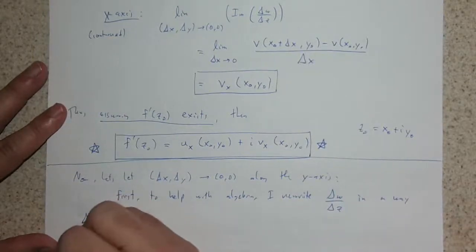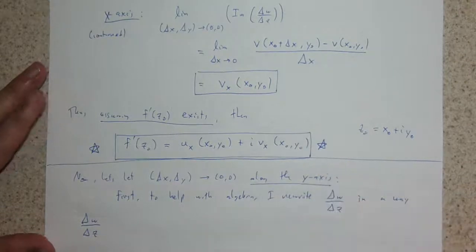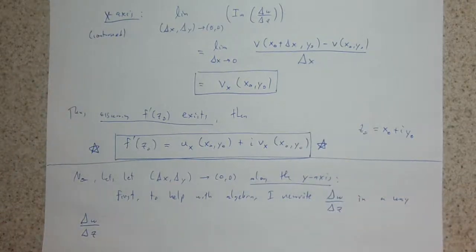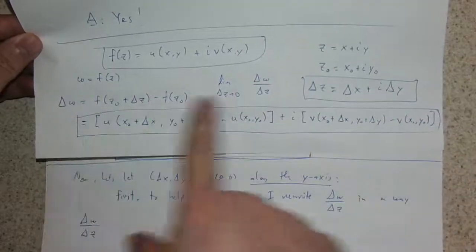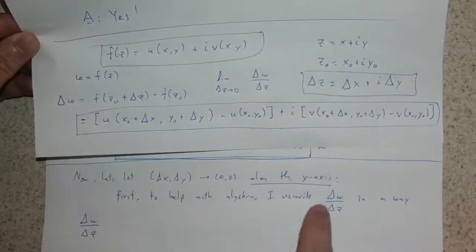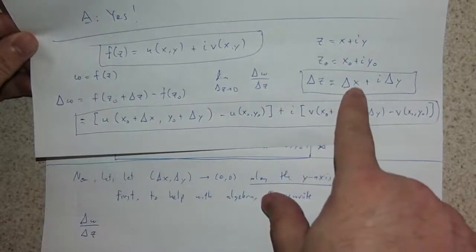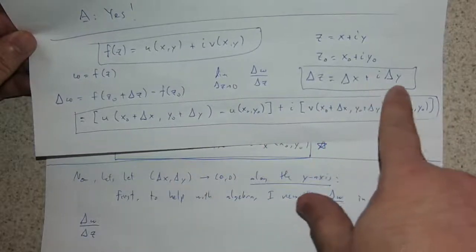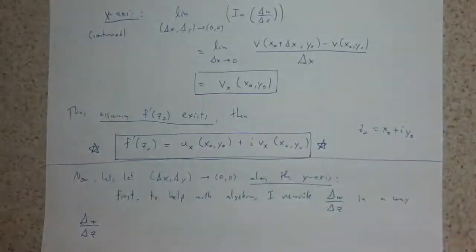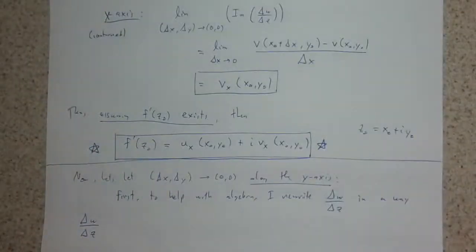So delta w over delta z along the y-axis, what does this look like? We have to be careful here. Let's go all the way back to this expression. Along the y-axis, delta x is going to be 0, and so we have this expression divided by, in each component, i delta y.